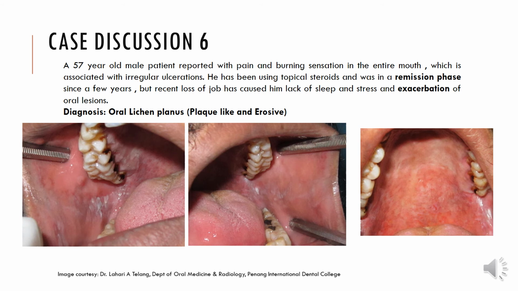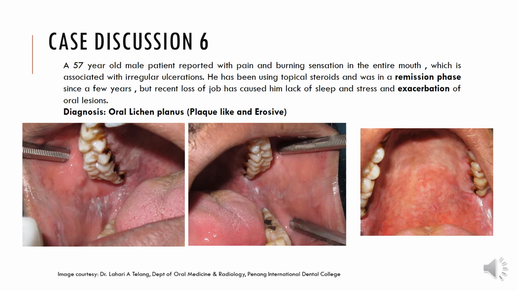But recently he has had a loss of his job, because of which there is lack of sleep and stress, and due to which oral lesions have also been exacerbated. Now, this is a very typical pattern of lichen planus, which undergoes remissions and exacerbations. You must understand that there is an immune component to this disease, and it is very much associated with the stress levels.